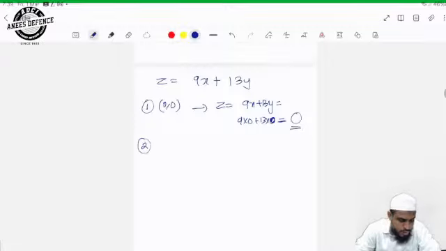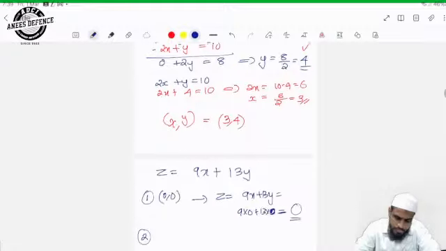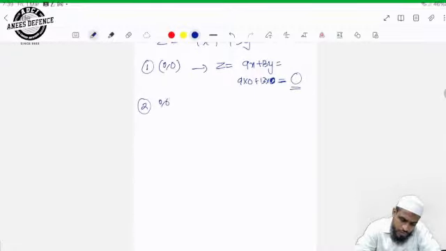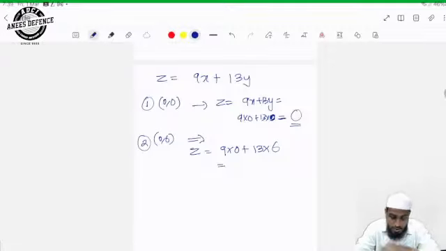Second point is (0, 6). Put it in the objective function. So z is equal to 9 into 0 plus 13 into 6. 13 into 6: 6 into 3 is 18, remainder 1, 6 into 1 is 6 plus 1 is 7, so 78. So in the second point, you are getting 78. Third point.